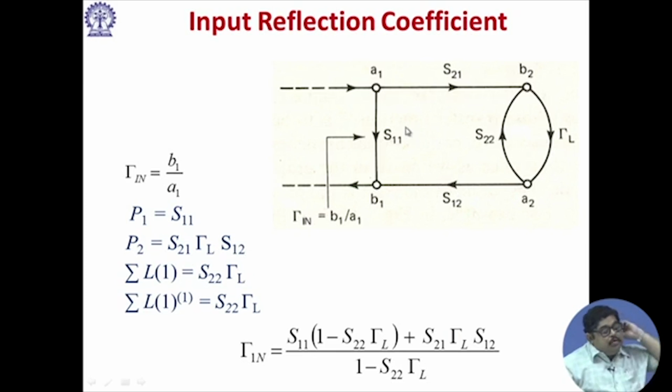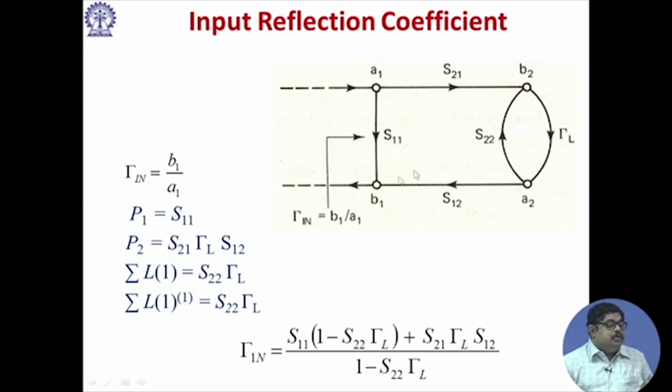Now, is there any loop? Yes, this one is a loop. You see there are no other loops possible. So, that means only one first order loop, and so obviously L2 and L3 are all 0. But this L11, that means the first order loop, is it non-touching with path 1?